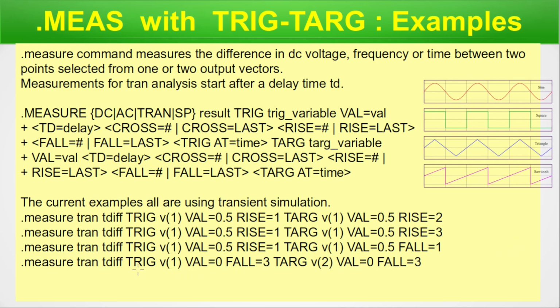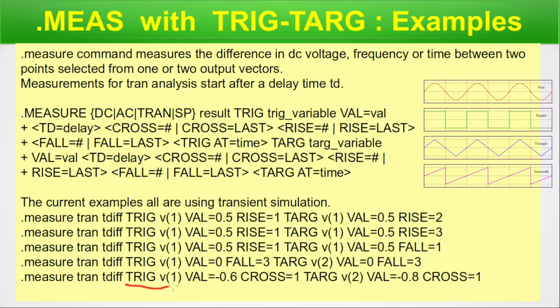And here you can see trigger and target on two different waveforms. Now here trigger is on V1, target is on V2 and you can see the value is minus 0.6 and minus 0.8 and cross 1. So cross means whenever they cross 1. So that means this will be like this. So at this value minus 0.6, and similar waveform, say these are the two waveforms we are talking about.